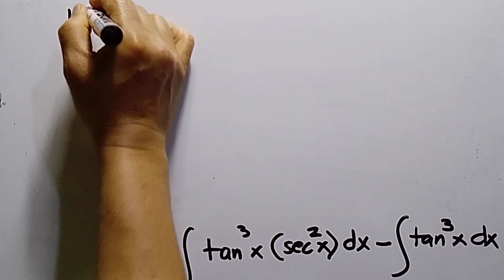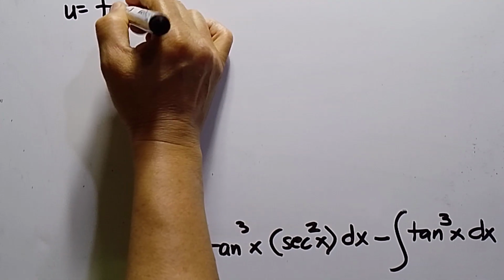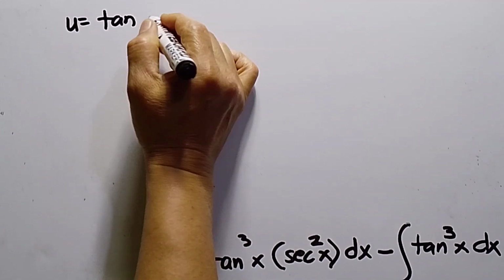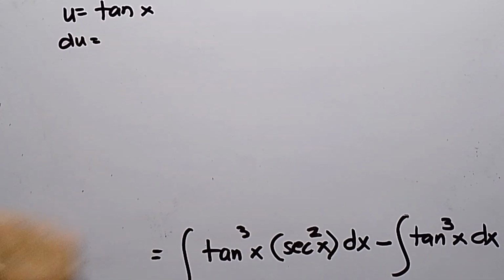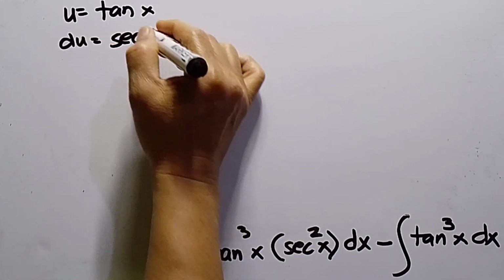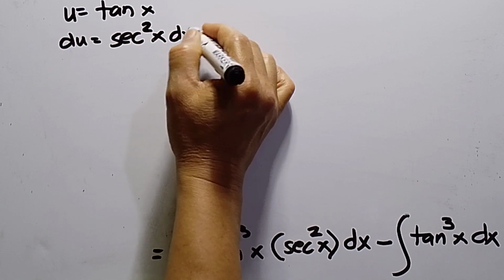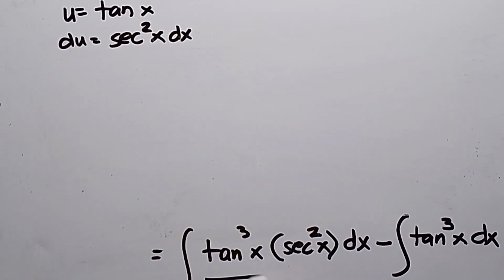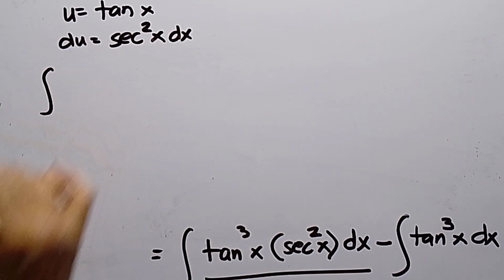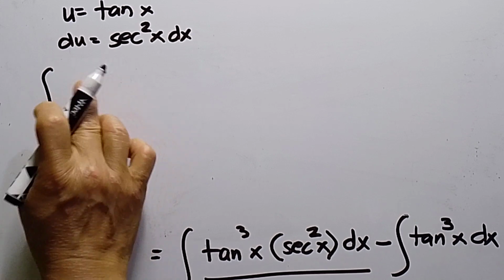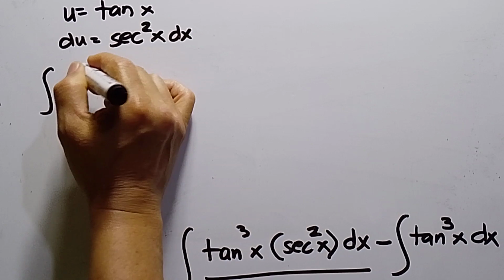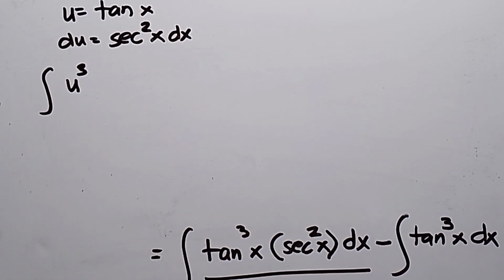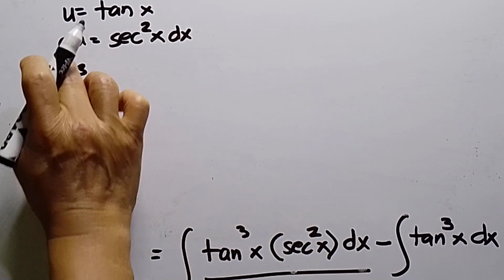U will be tangent x, and the derivative of tangent x is secant squared x dx. So in this integration, I can now formulate that tangent x is my u, since this is to the third power, and secant squared x dx is my du.